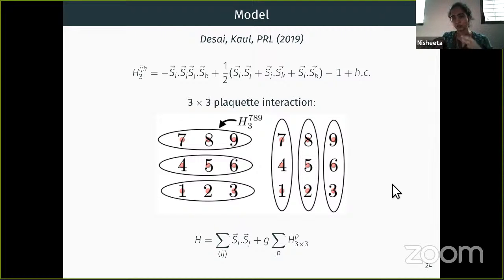The reason we want the product on rows and columns is because we want to maintain the 90-degree rotation symmetry of the square lattice, since we expect the phase that we want to find breaks the rotational symmetry of the square lattice spontaneously. So this is the model that we want to study. This is the plaquette interaction, and that's the nearest neighbor Heisenberg interaction. We want to increase the strength of this plaquette interaction and study the transition into the Haldane nematic phase.